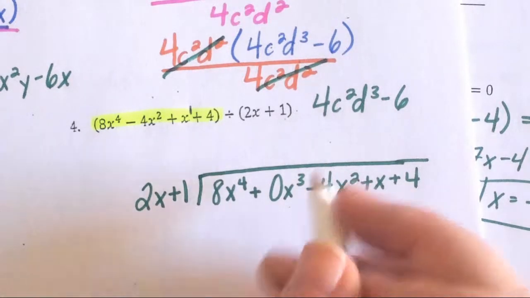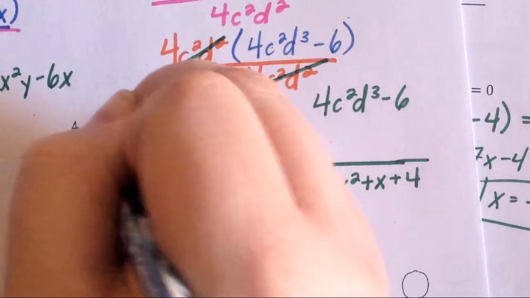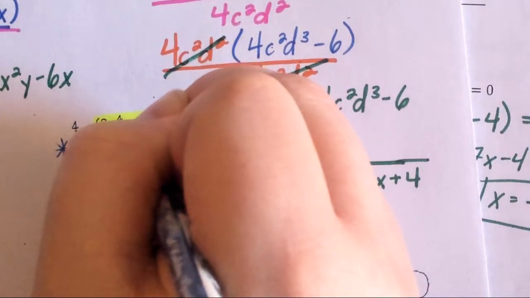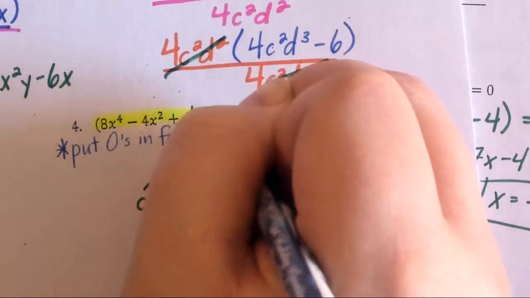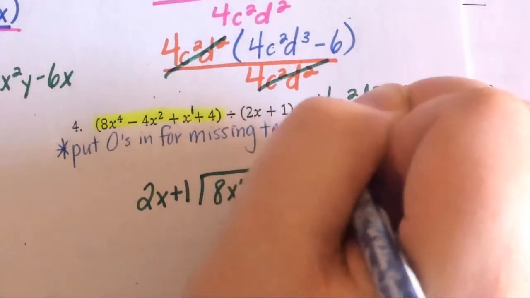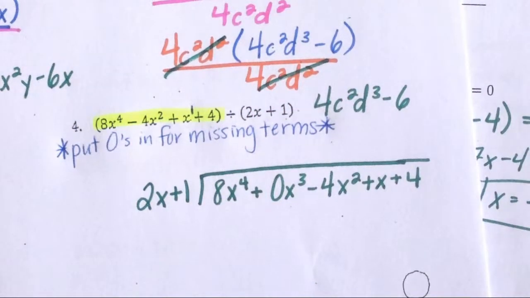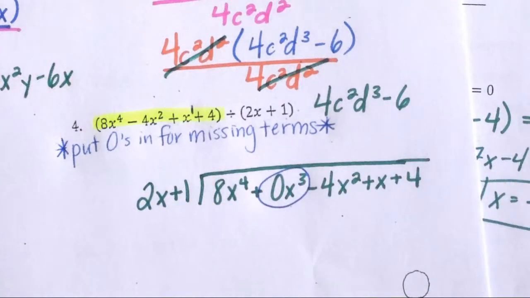So if there's ever a missing exponent, put zeros in for missing terms. Now, why they had to do one straight out the gate with somebody missing, I don't know. But anytime someone's missing, the way the x to the 3rd was missing, you need to put in a 0 as a placeholder.